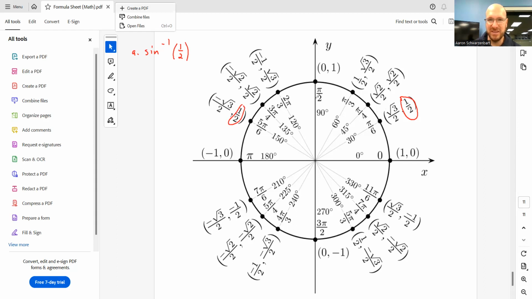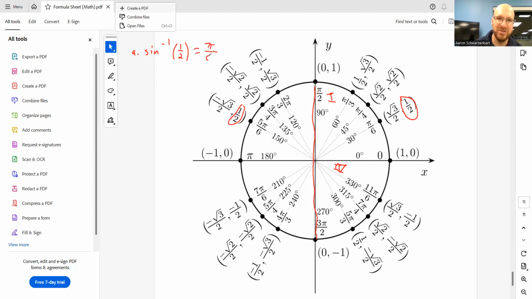Remember I said that it was restricted for the range, the output, from -π/2 to π/2, meaning I can only take from quadrant 1 and quadrant 4. Okay? So that means this is π/6. It is only π/6.